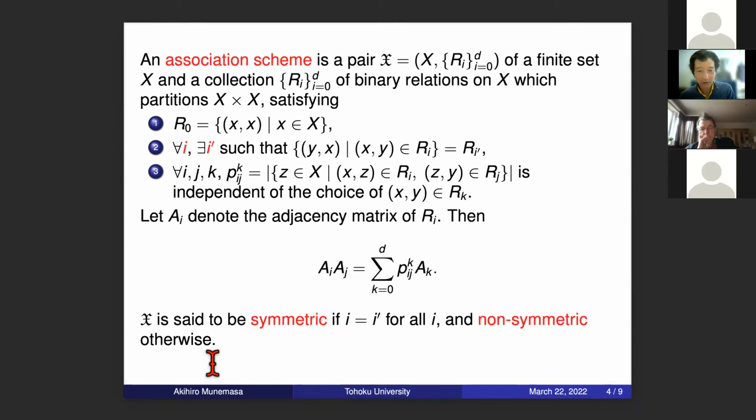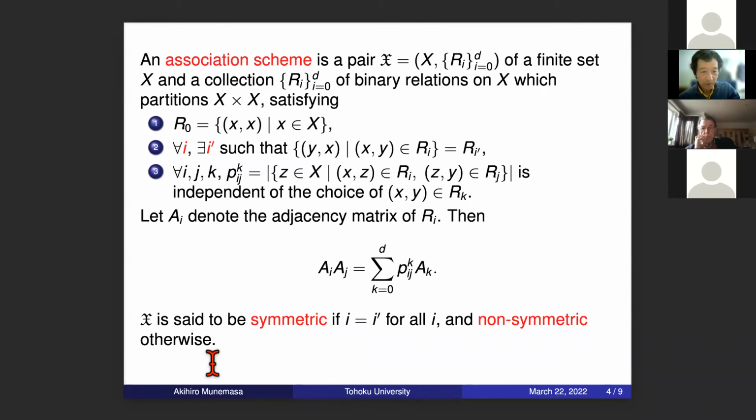The first is that R0 is the diagonal relation, and for every i, there exists i prime, such that if you transpose the relation Ri, then it becomes one of the other relations. And for every triple i, j, k, this p_ijk, also called the intersection number or parameter of the association scheme, is independent of the choice of x, y. This number counts the number of z which satisfy the 2 conditions: xz belongs to Ri and zy belongs to Rj.